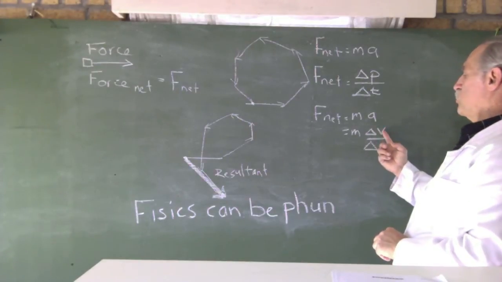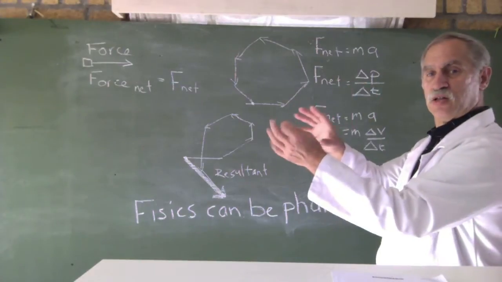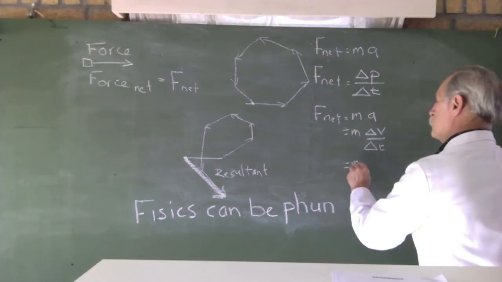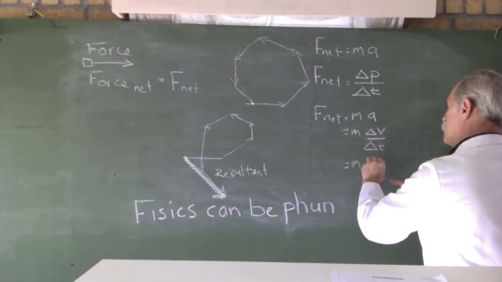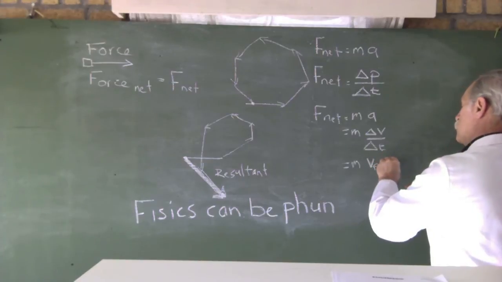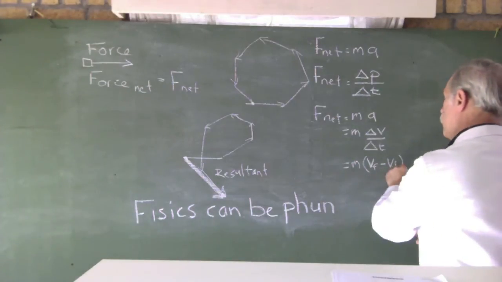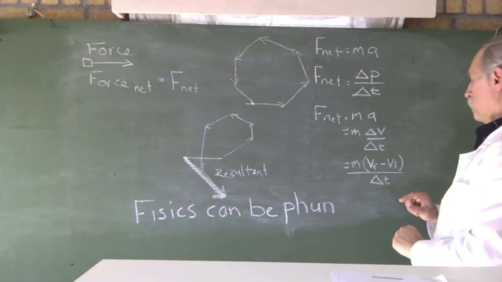But what is change of velocity? Change of anything is final minus initial. So change of velocity is V final minus V initial over change of time.